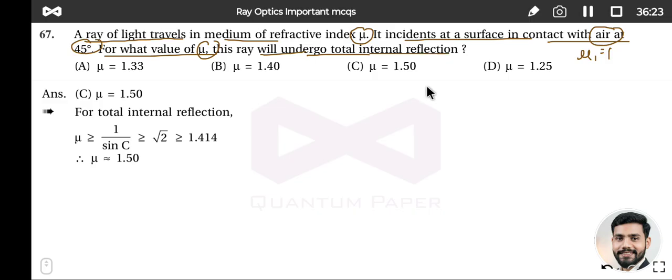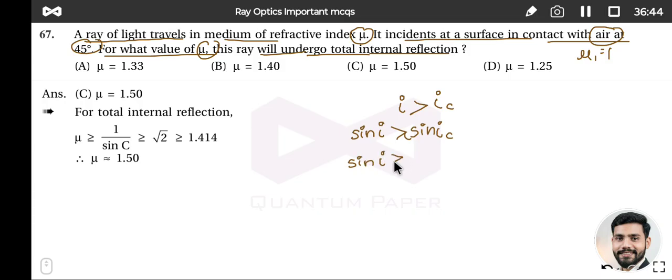To get TIR, we have one condition: the angle of incidence i must be greater than the critical angle ic. If we apply sine on both sides, we get sine i is greater than sine of ic. That means sine of the incidence angle i must be greater than or equal to sine ic, whose formula in terms of refractive index is 1 upon mu.